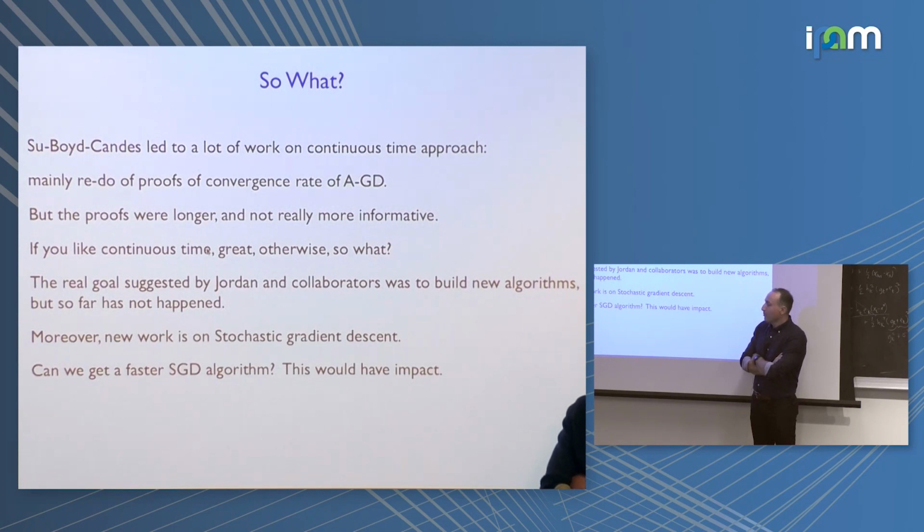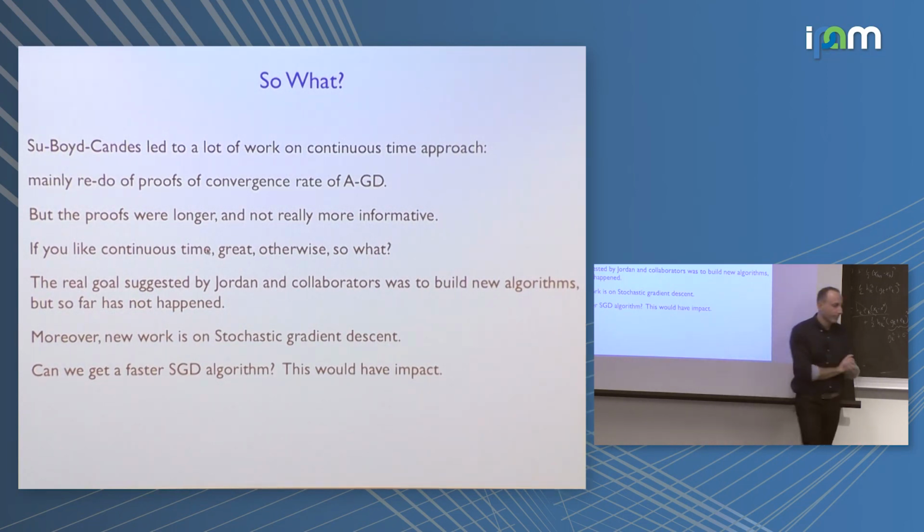And there's no lower bound. For SGD, there's a lower bound on the rate in terms of the function of k. It's 1 over k. You can't do better than 1 over k, but there's no lower bound on the rate constant. So there's a possibility that an accelerated algorithm could give you a better rate constant and maybe work better in practice.